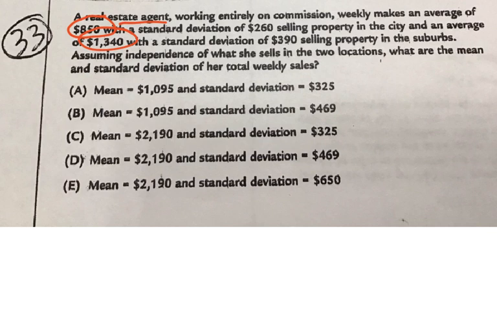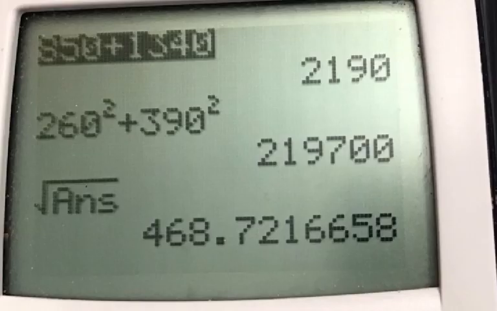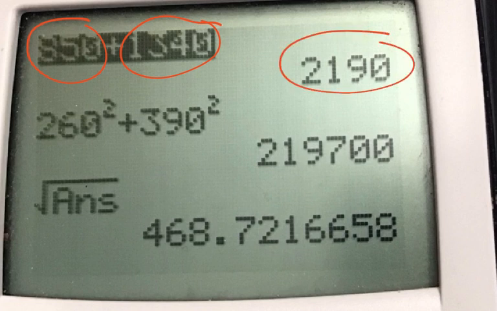So how do we combine our average weekly sales? We're going to add them together. So notice if I add 850 with 1340, I should average 2190. Now, hopefully that makes sense. If I average 850 and then 1340 in a different part of town, together I should average out to be around 2190. Their sum, right?